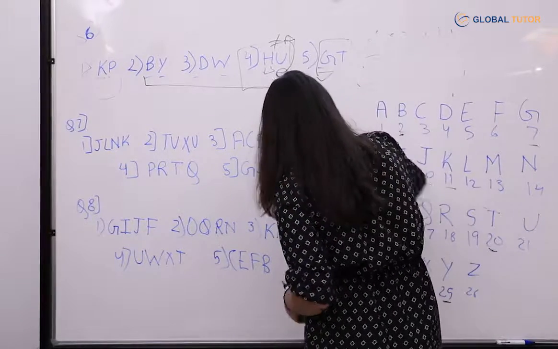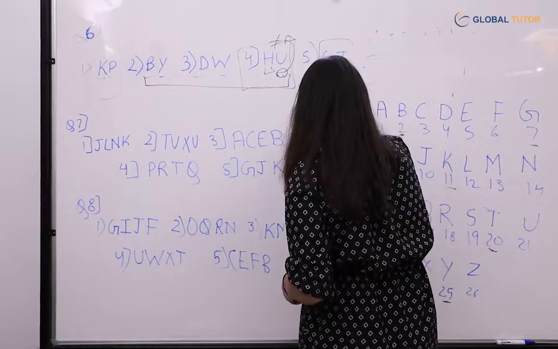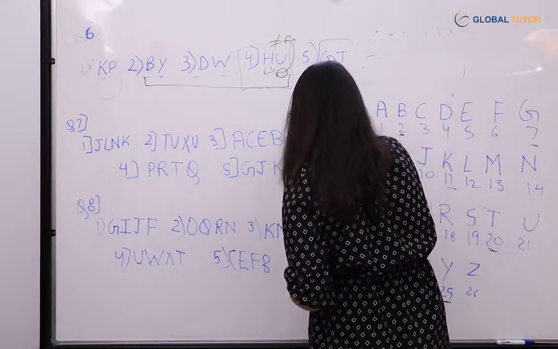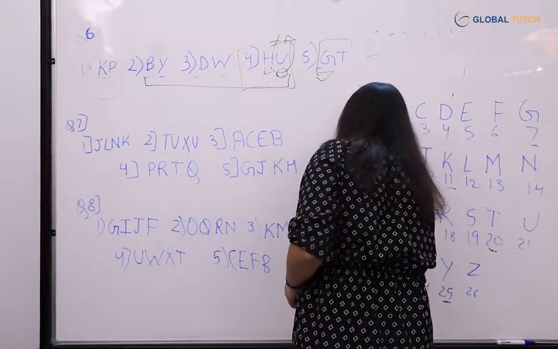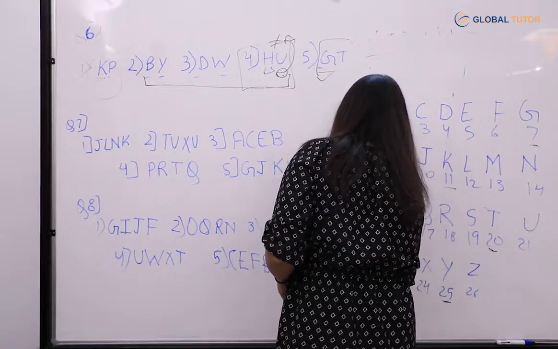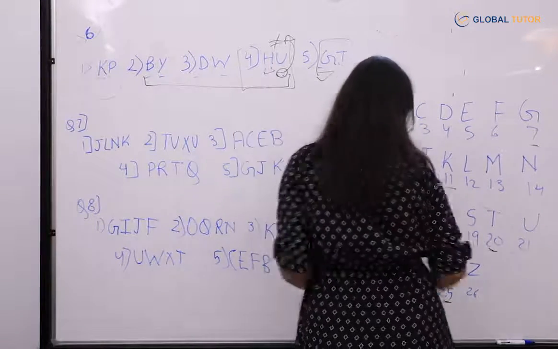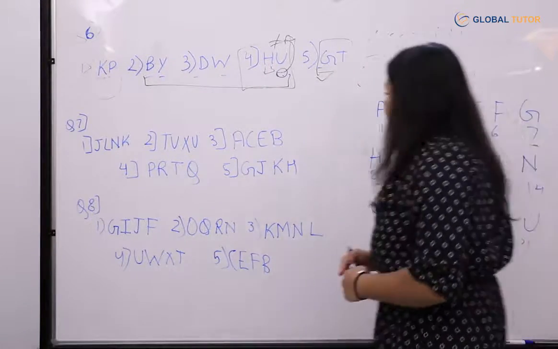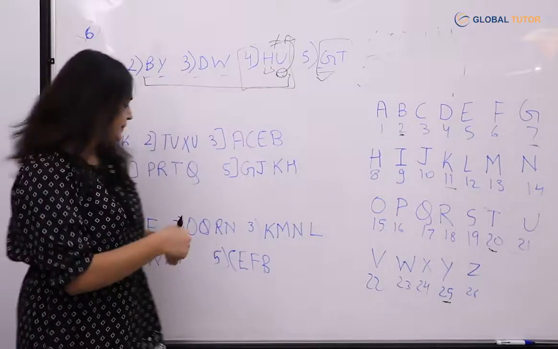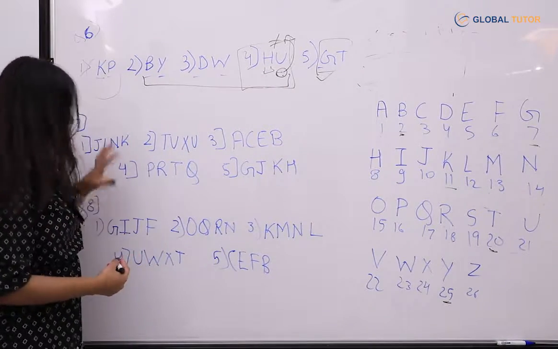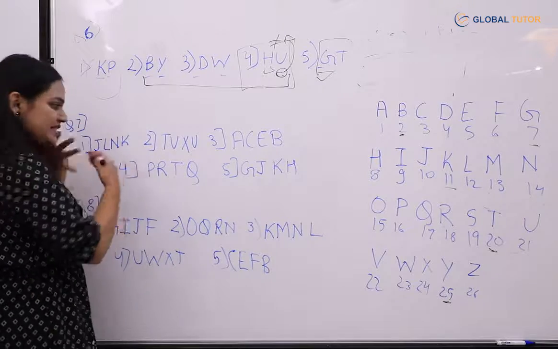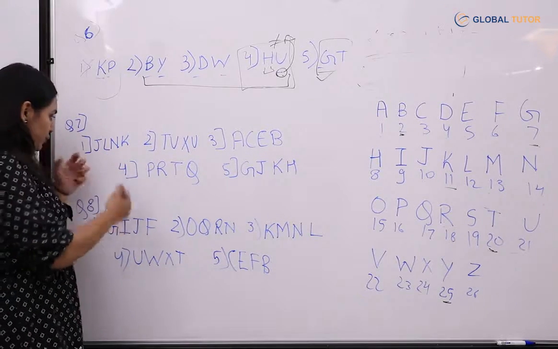So in our next questions, we are going to be talking about again the position of the letters in the alphabet. In the last question that we solved before this, we were concerned with 3 letters. Here, in both of the questions, we have got 4 letters. So we're going to follow the same approach.